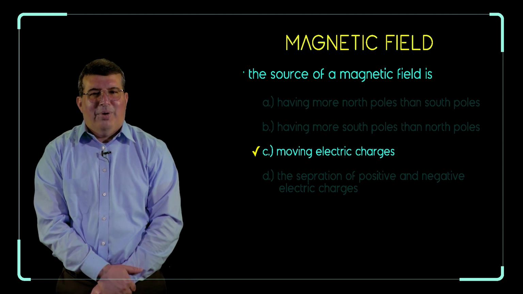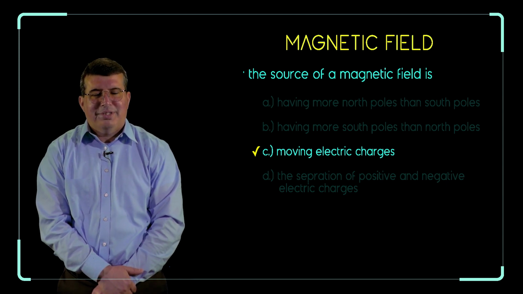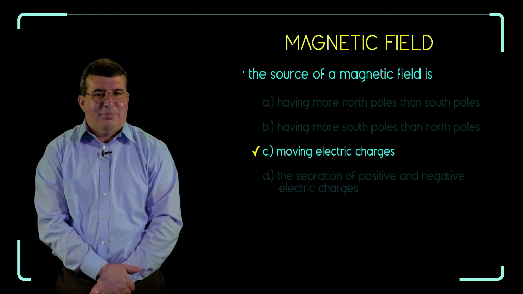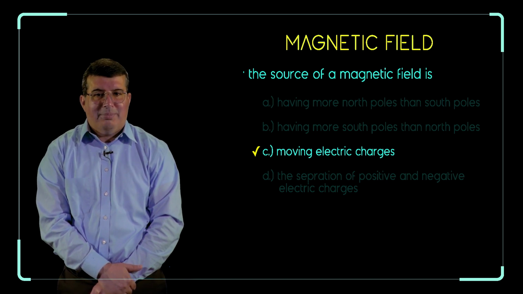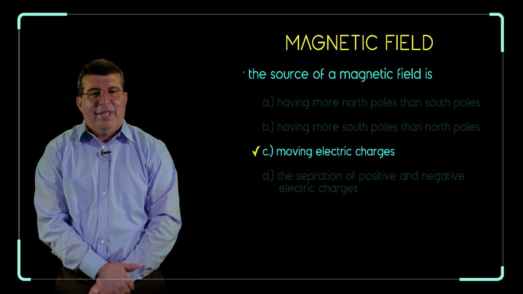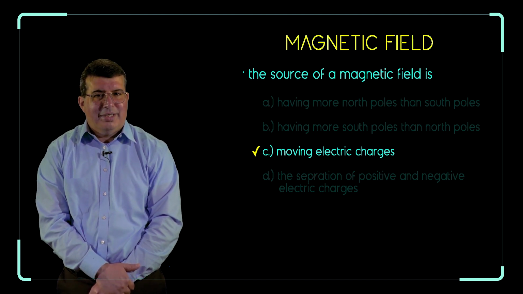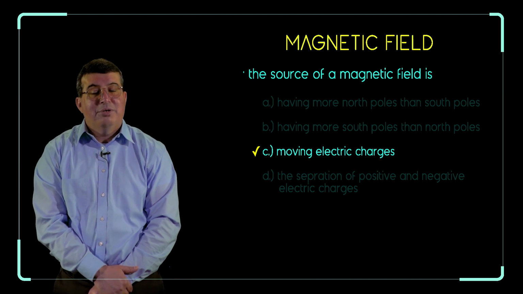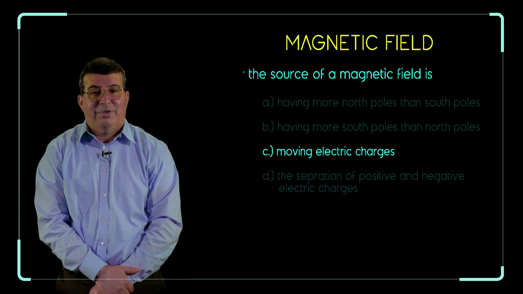It is a dipole, and for every north pole there is a south pole. So there are just as many north poles as south poles, so A and B can never happen. And D, the separation of positive and negative electric charges, that is what gives us an electric field, not a magnetic field. The source of a magnetic field is C, moving electric charges, or an electric current.